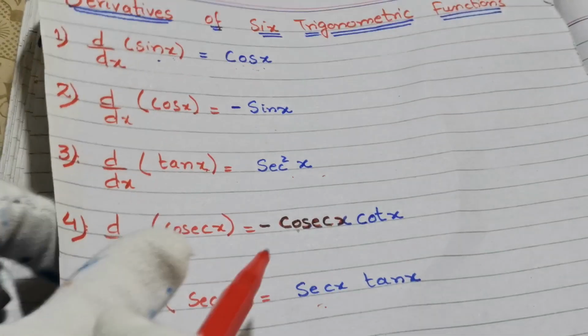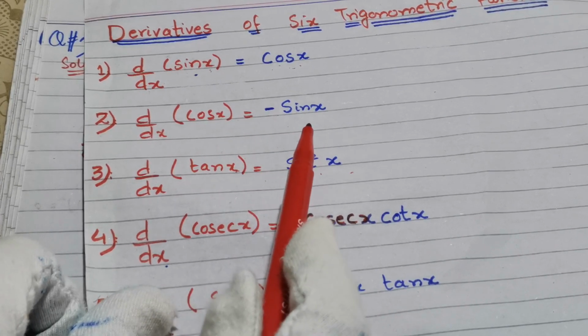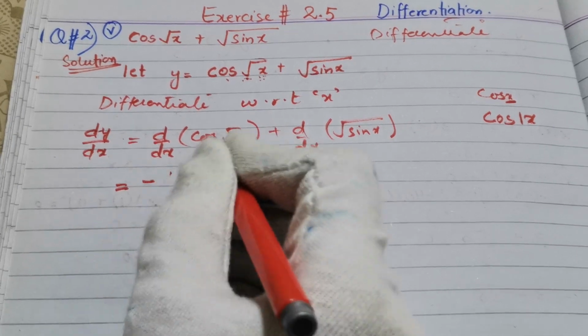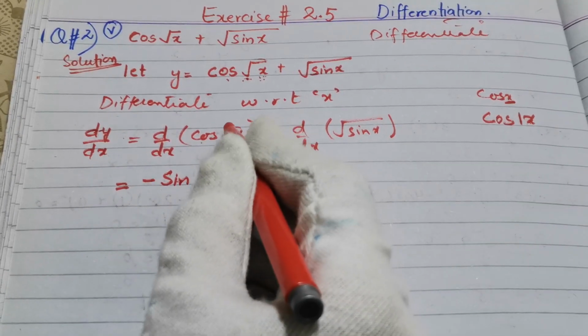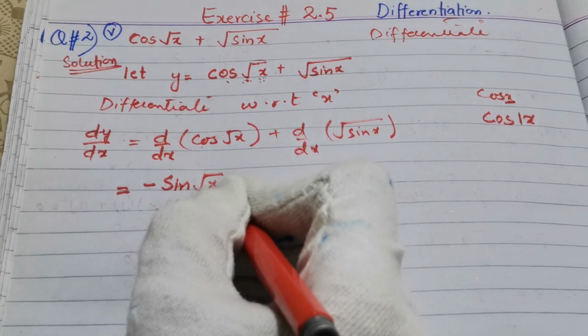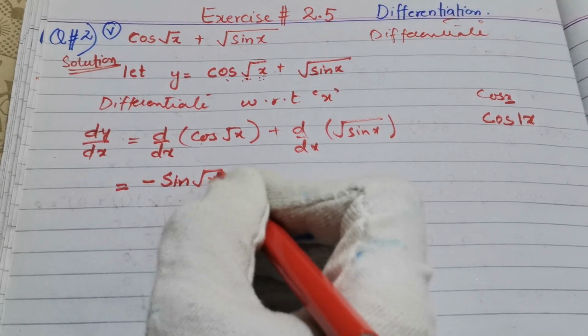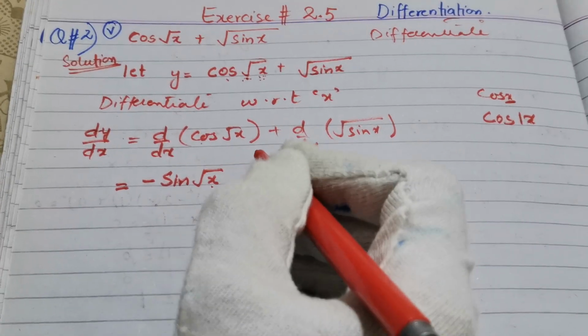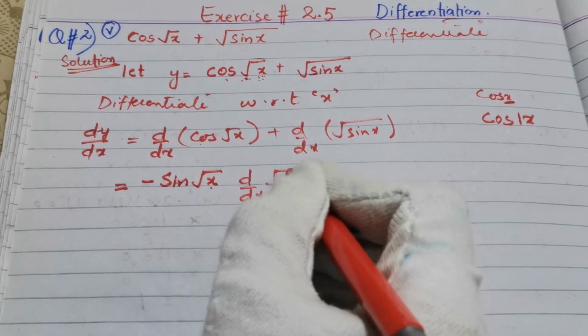Cos theta means cos x. Derivative of cos x is minus sine x. So we'll write derivative of cos x is equal to minus sine x. X is here under root x. So this is not simple x or one angle or 1x. So we will again differentiate this angle.